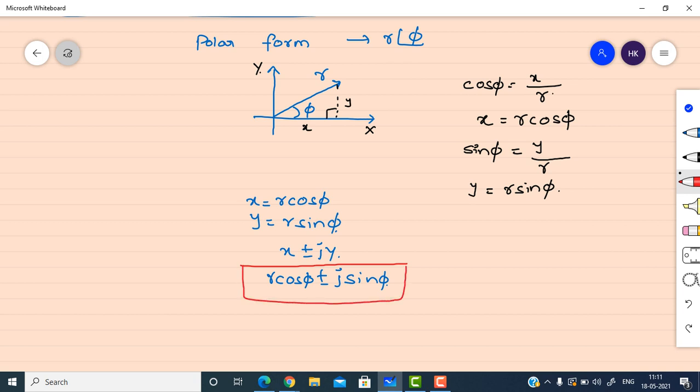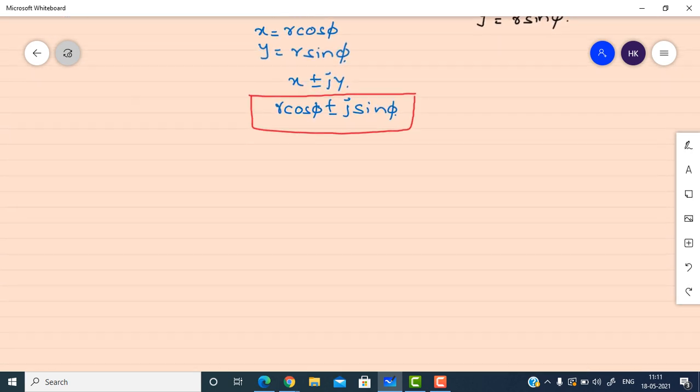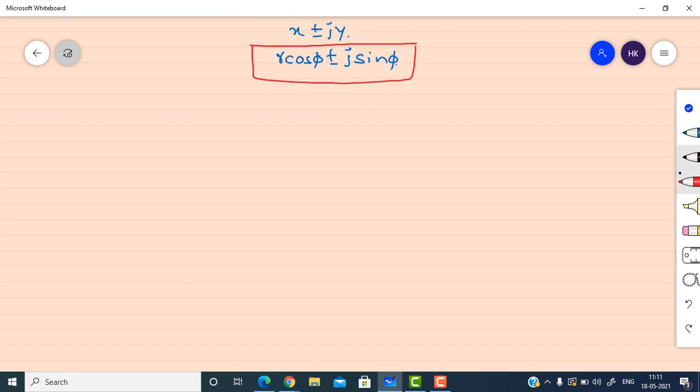So let's do one problem, then you can understand easily. I am giving a voltage equation. V is equal to 100 sin(100 pi t plus pi by 6).